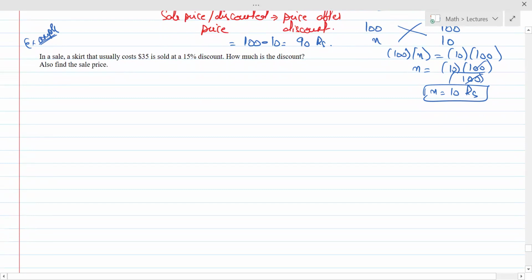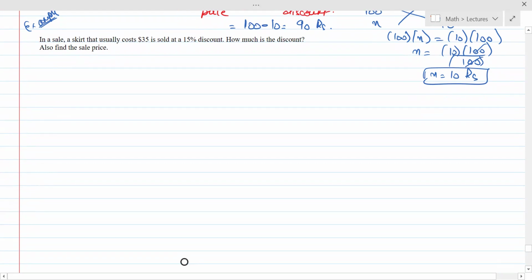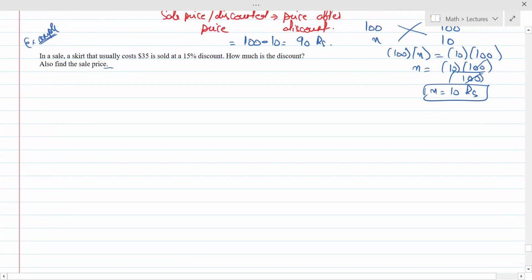Now in this example, it says in a sale, a skirt that usually costs, the question says usually costs, which means it would be the marked price for us. The marked price is the one which is before discount. That was $35.